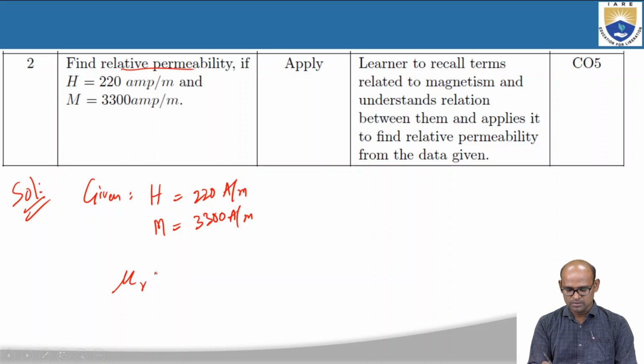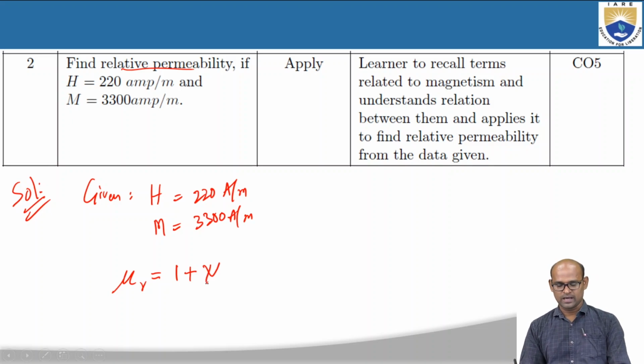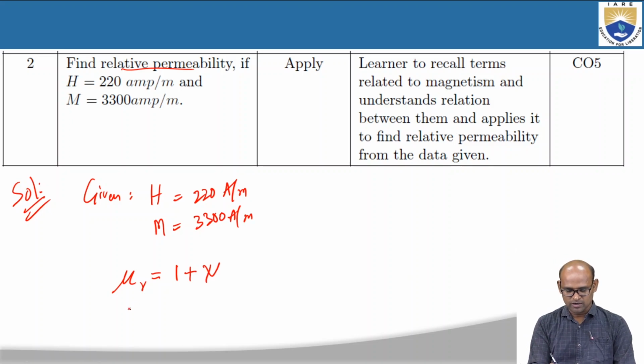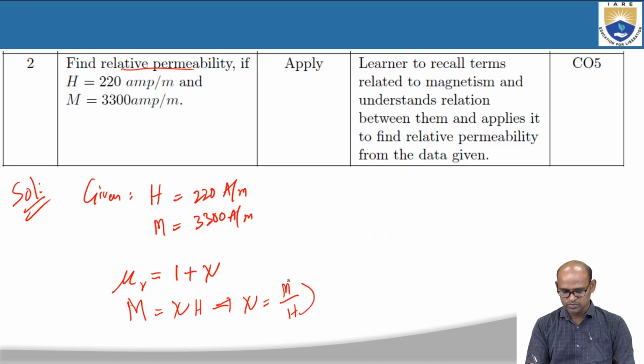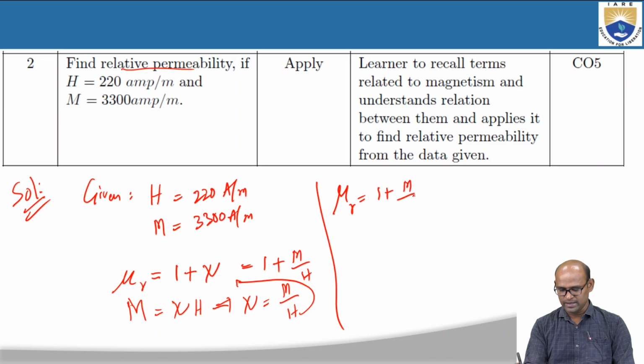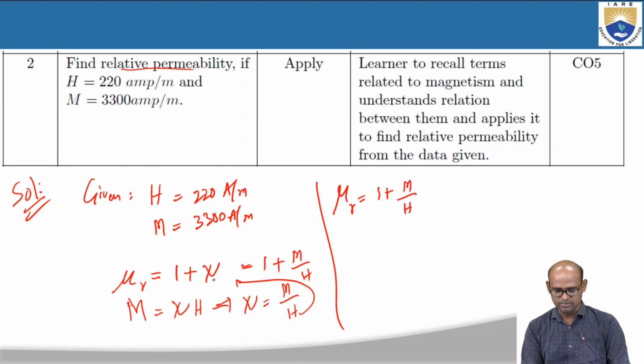We know that mu r is equal to 1 plus chi, where chi is susceptibility. From the equation of magnetization, M is equal to chi into H, we can write chi as M by H. So we substitute this here, and it becomes 1 plus M by H. Mu r is equal to 1 plus chi, but chi is M by H, so we have substituted that.